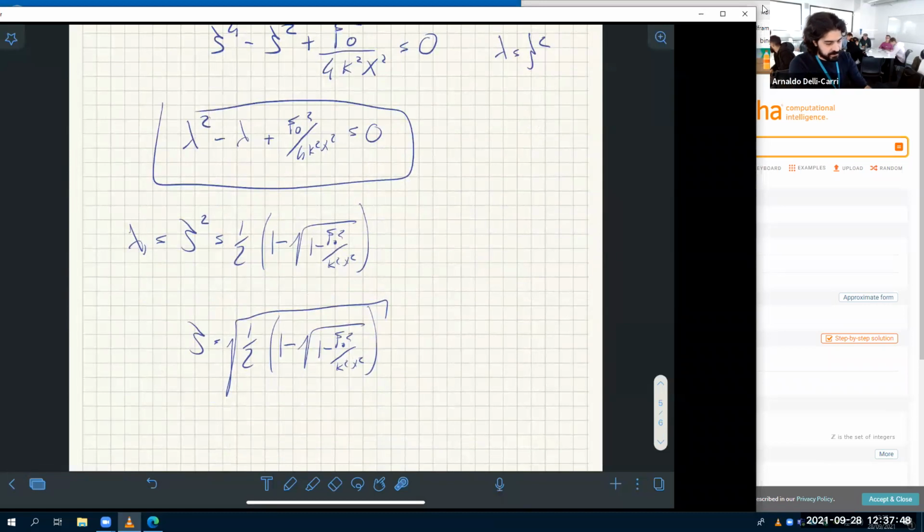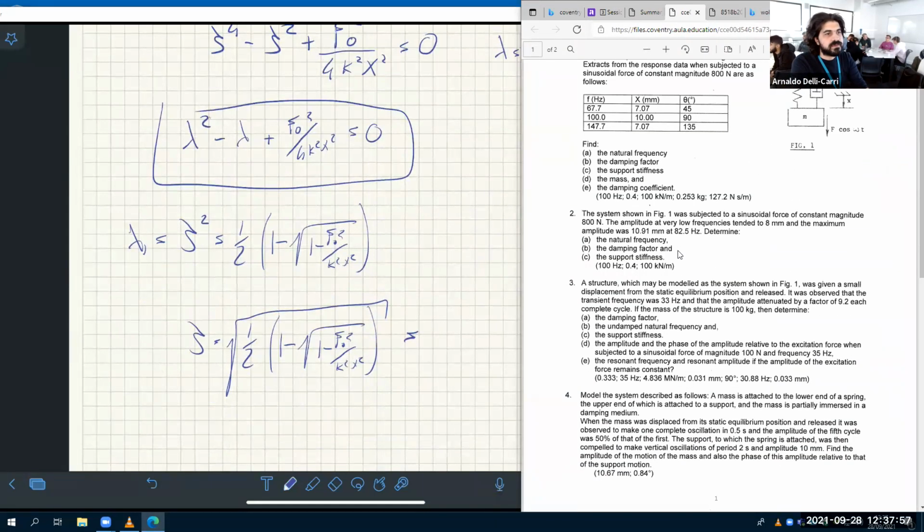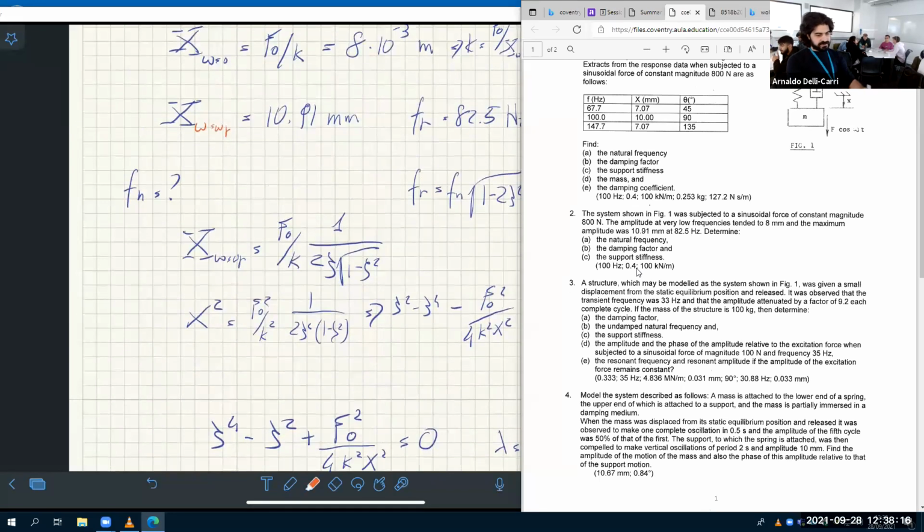Okay, we found zeta. So this is a number. Let me find it in the solutions. Damping factor, 0.4. So zeta is 0.4. Okay, so how do we find the natural frequency? It's very easy.